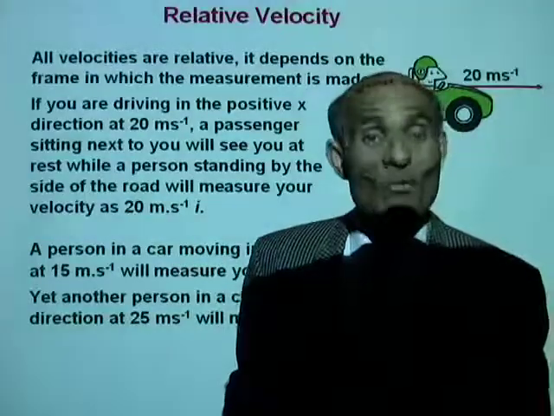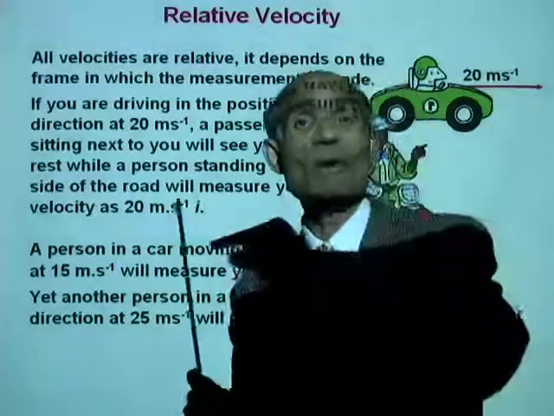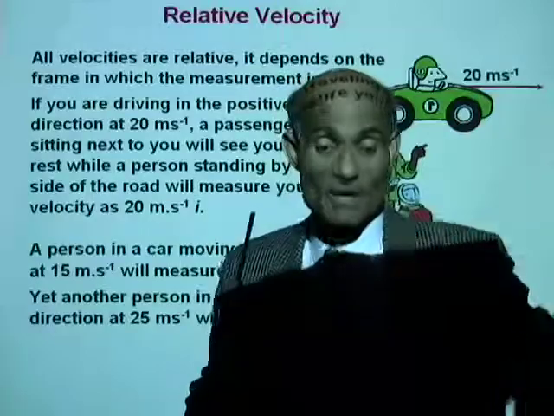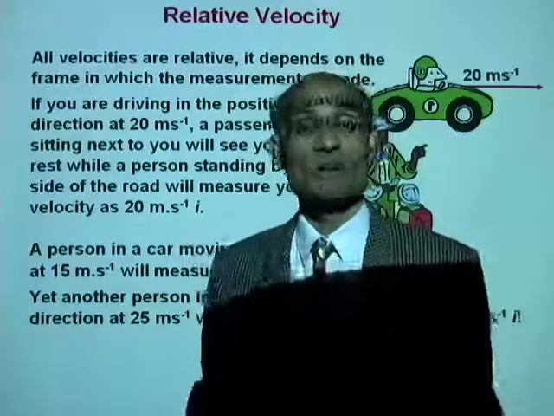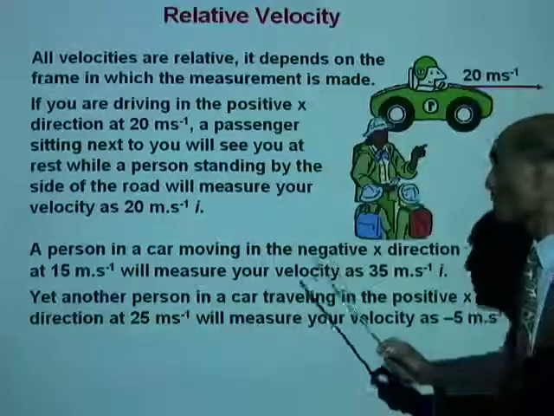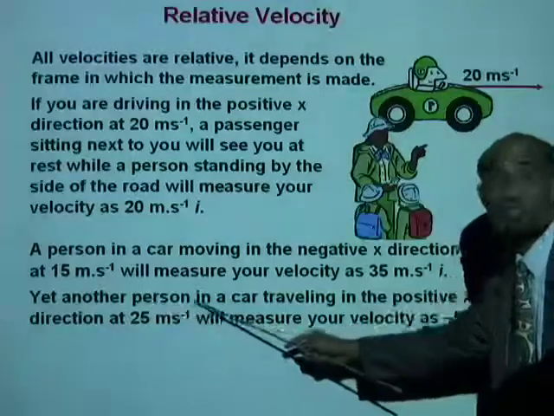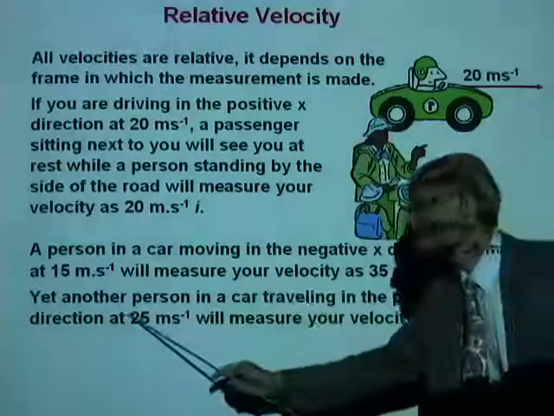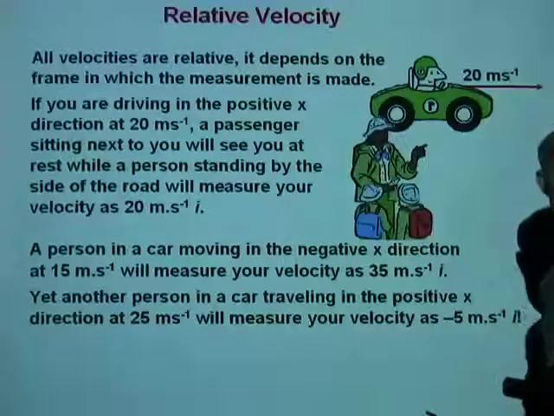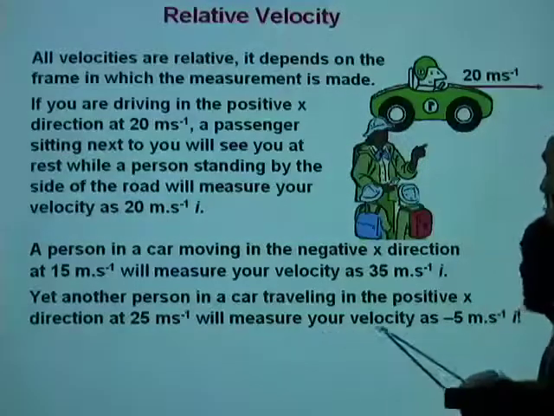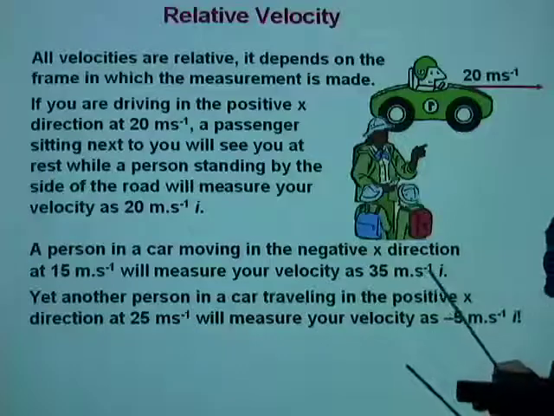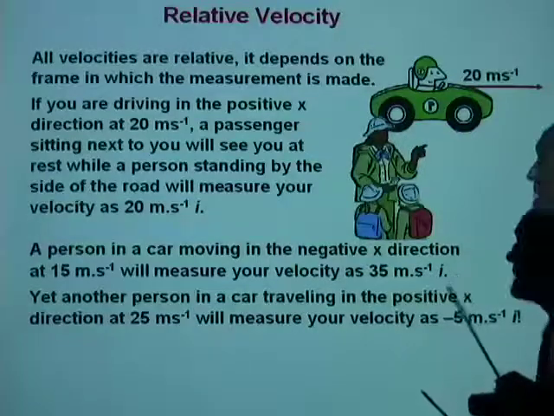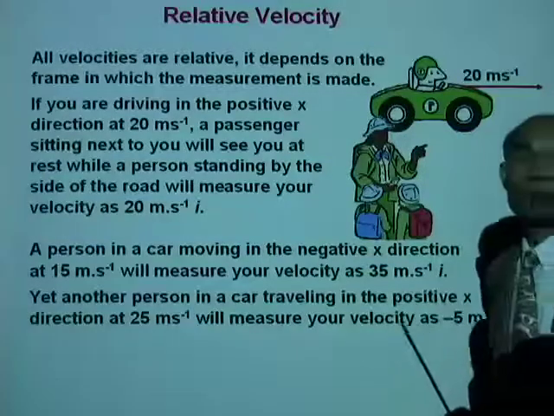Your car will appear to be moving backward from the car that is passing you. I hope you understand that. So, another person in a car traveling in the positive x direction at 25 meters per second will measure your velocity as negative 5 meters per second.